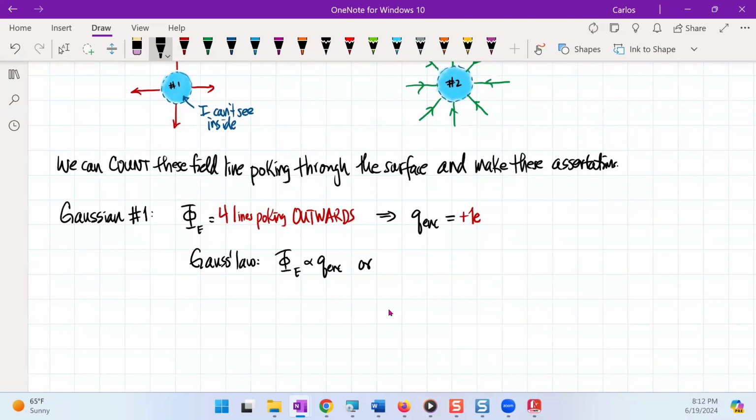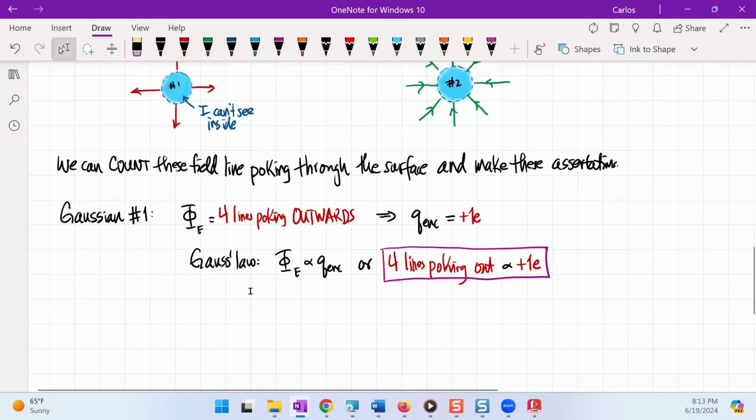Or if I look at this counting wise, it just says that 4 lines poking out has to be 1 electric charge, 1 positive electric charge. We knew that already, but that's what Gauss's law is telling us. What if we didn't know what was in there? It has to be this way.